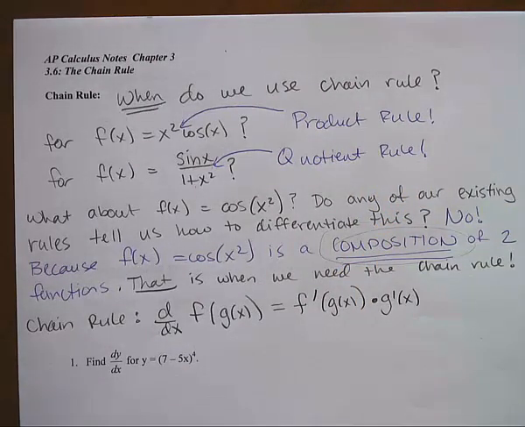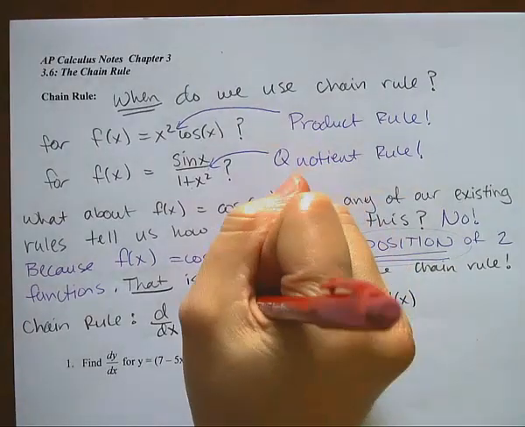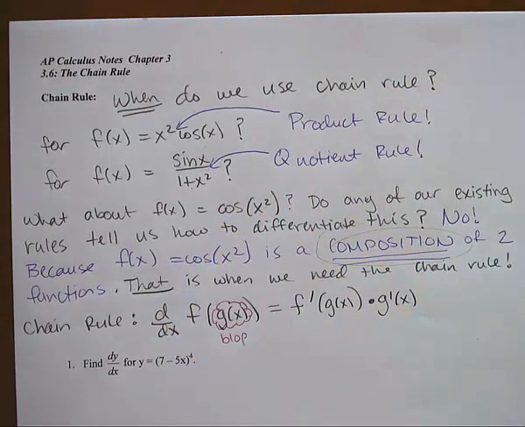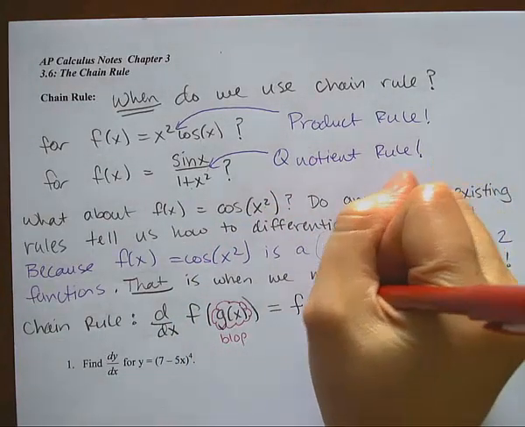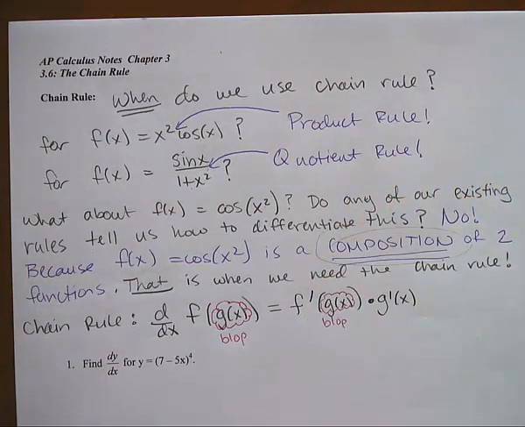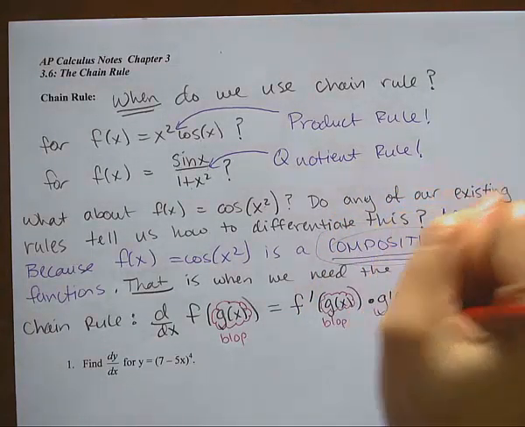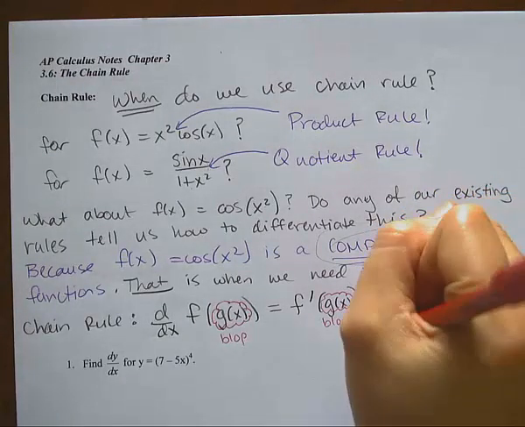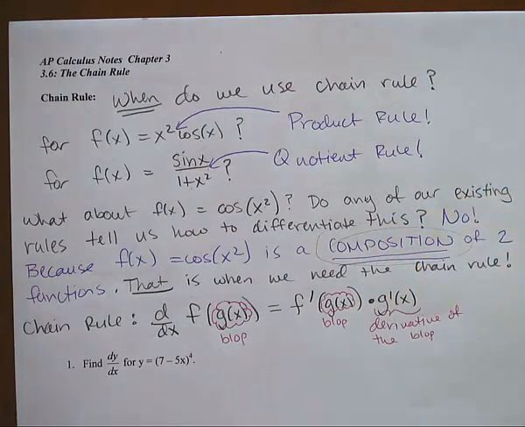Now in the video we were calling this inside function a blop. So in this scenario the g of x would be our blop. And you take f prime of blop, whatever that is, and then you multiply by the derivative of the blop. So f prime of blop times derivative of blop.